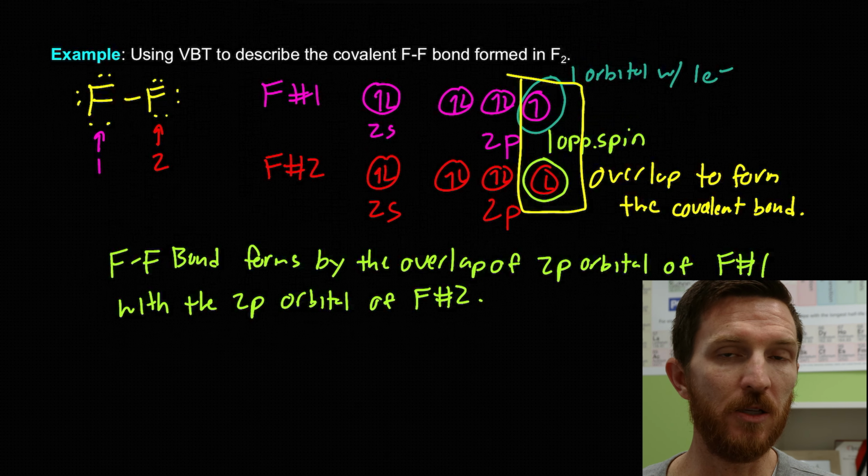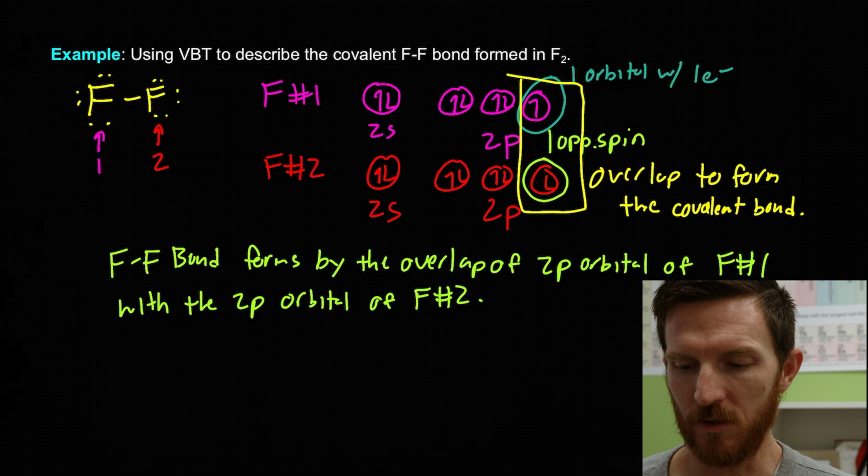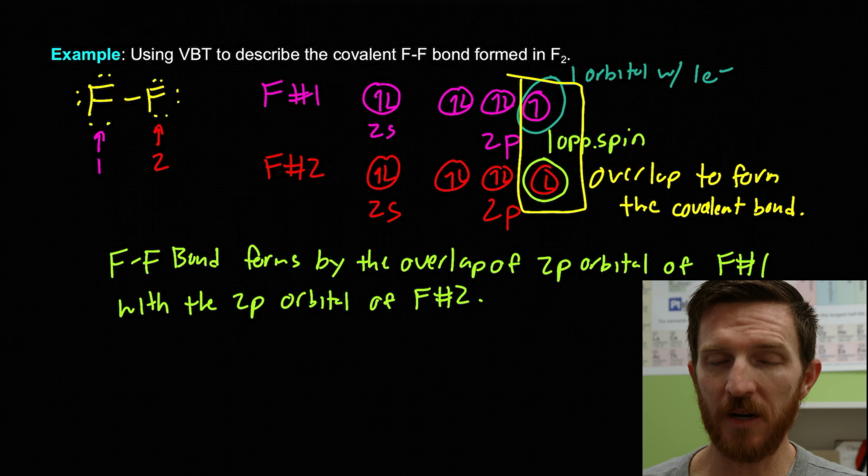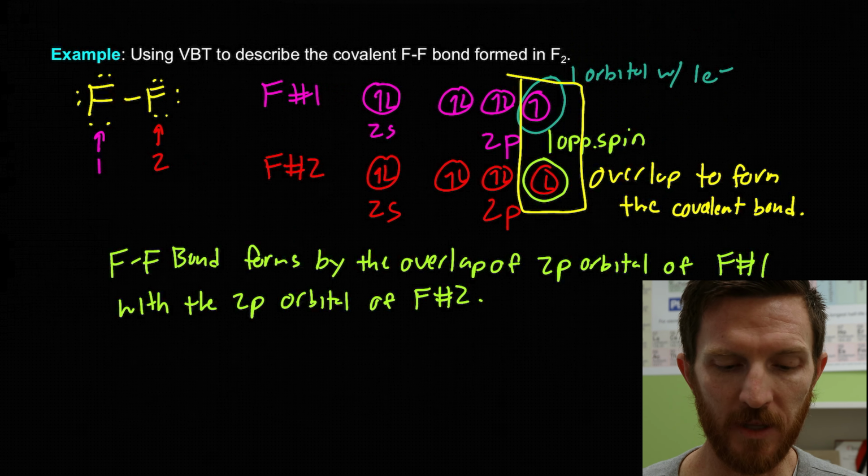Again, we're comparing these two different fluorine atoms. They're called 1 and 2 just arbitrarily. So it's an overlap of those two orbitals, and that describes how the bond forms.